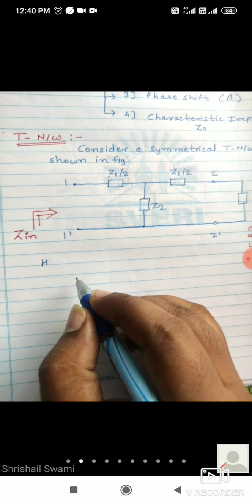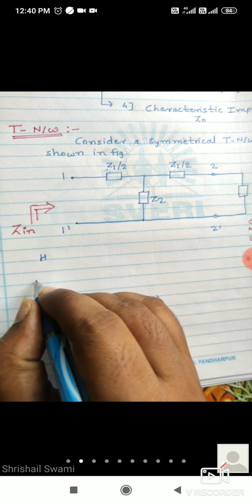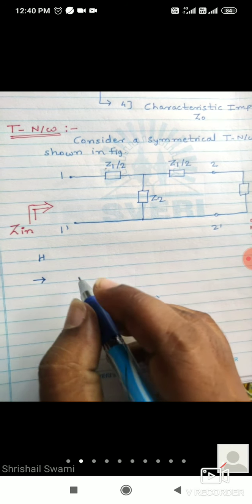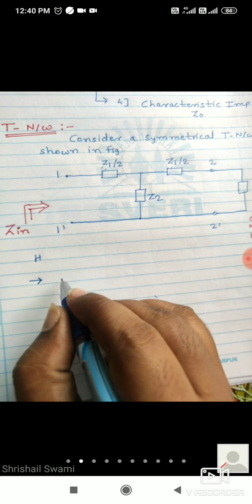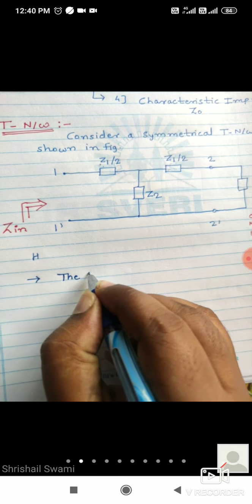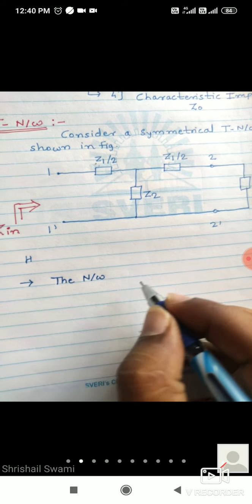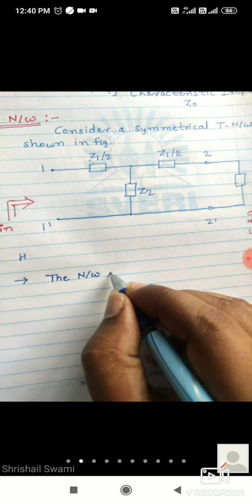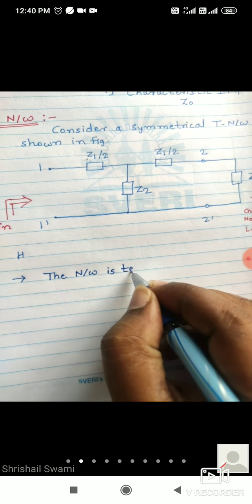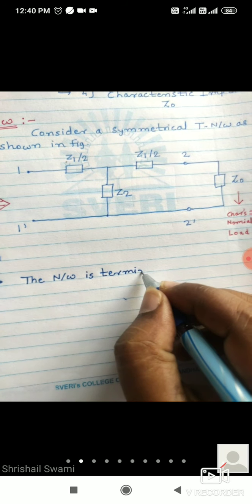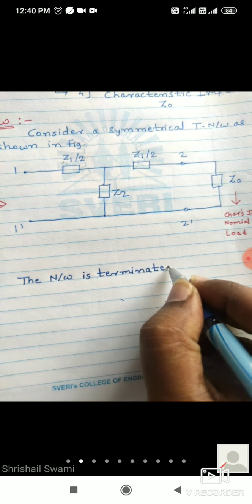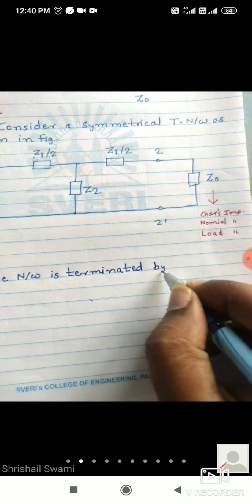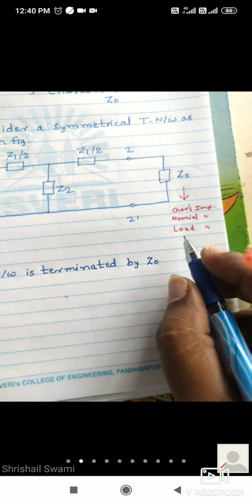I will write the first sentence, then we will start the derivation. The network, or filter network, is terminated by an impedance Z0.